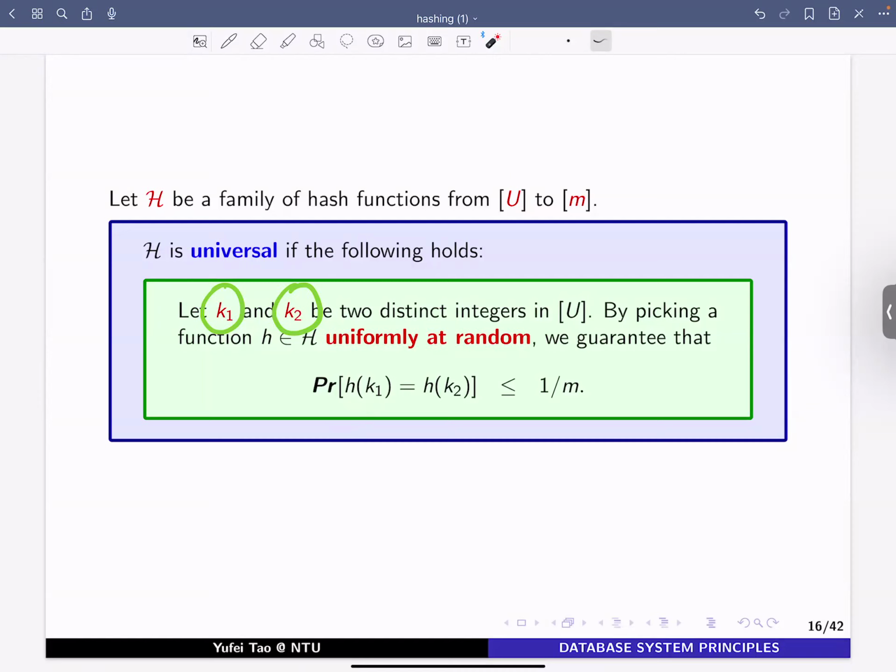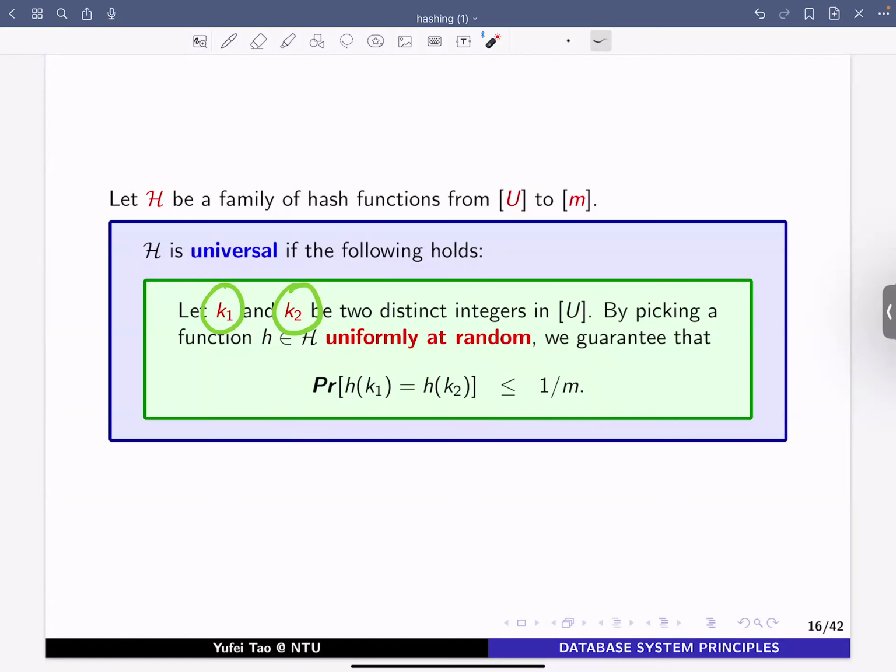So the universality says the probability for this event to happen will have to be bounded by 1 over m. Why do we have probability here? Because this is talking about the random process: h is randomly chosen.